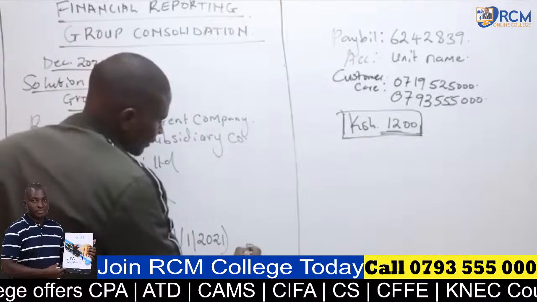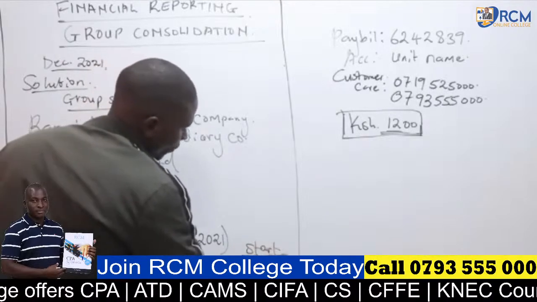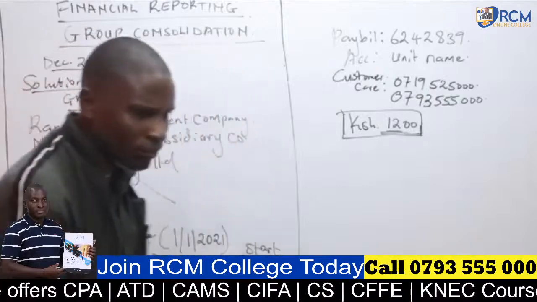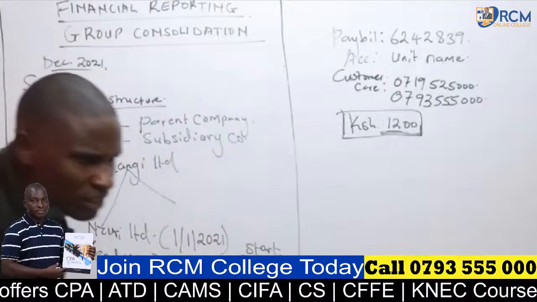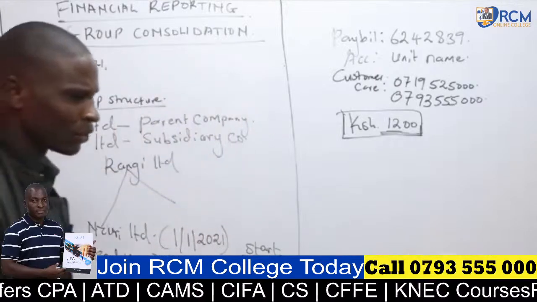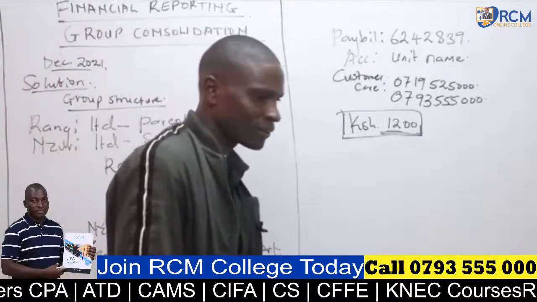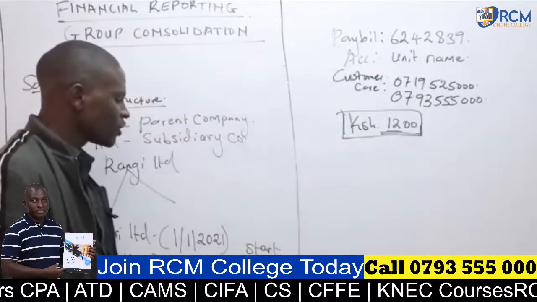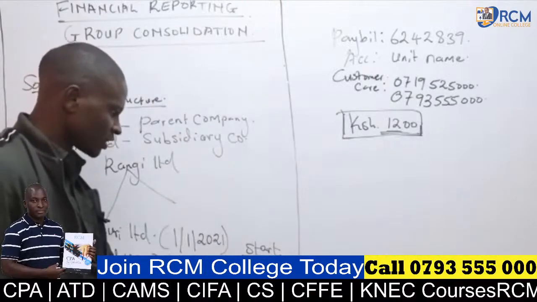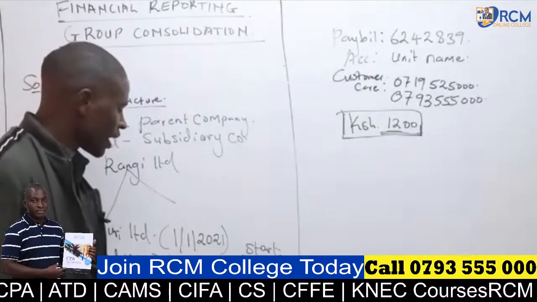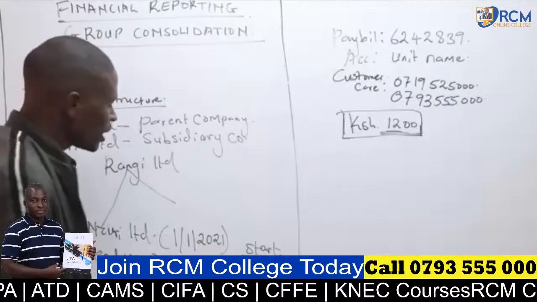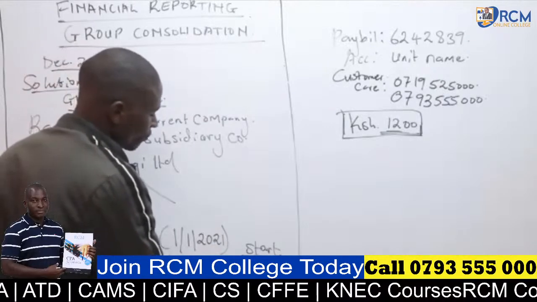So my start date for the financial year is 1st of October 2020. When you compute these months from 1st of October 2020 up to 30th of September 2021, you'll find that in between we have complete 12 months.